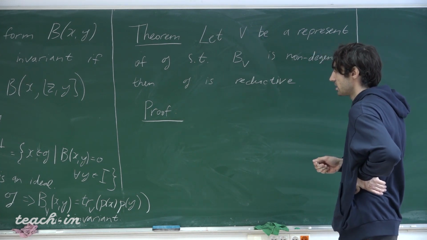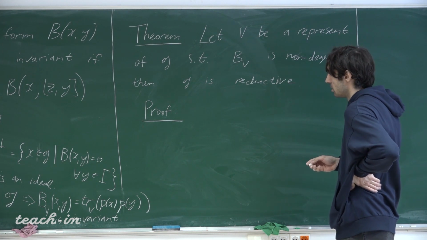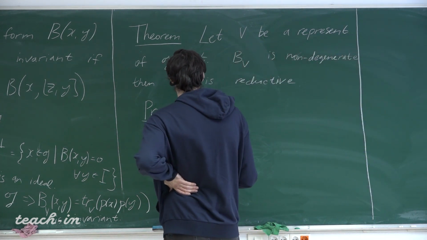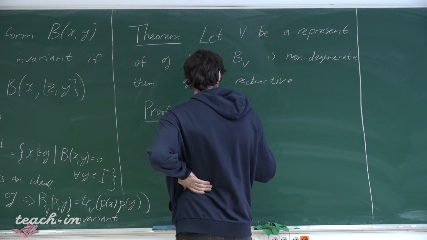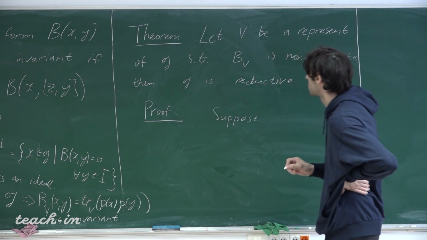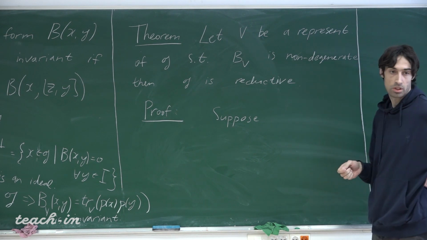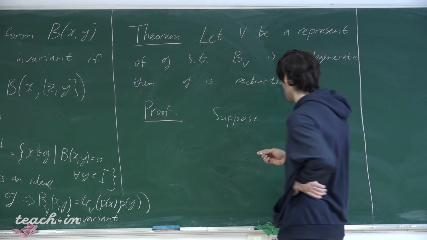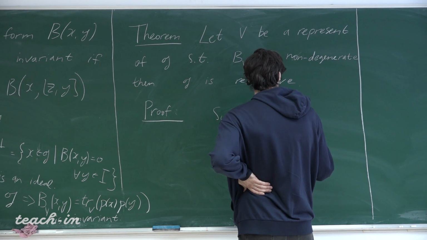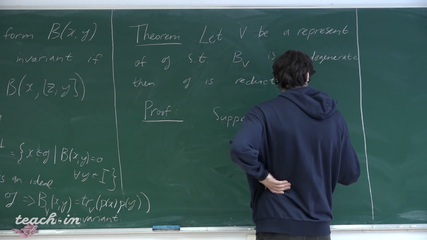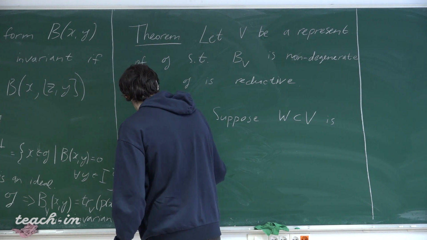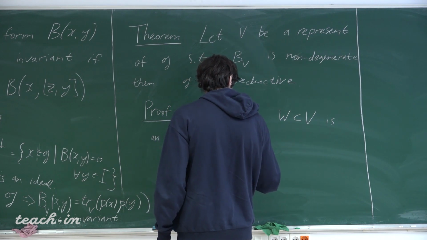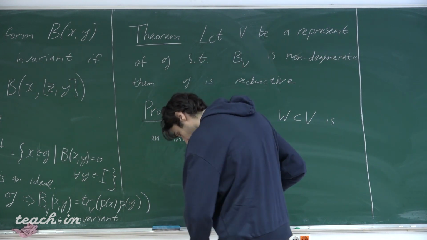Okay, so to prove that, we will need the following. Suppose V is not irreducible. Suppose that there is some invariant subspace inside, say W inside V is an invariant subspace.